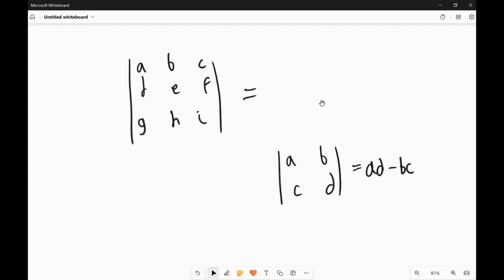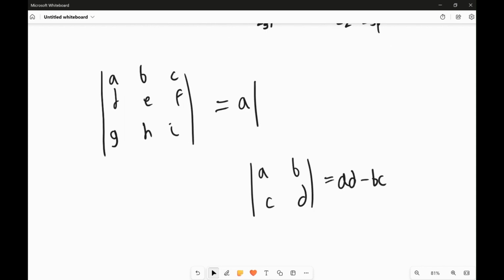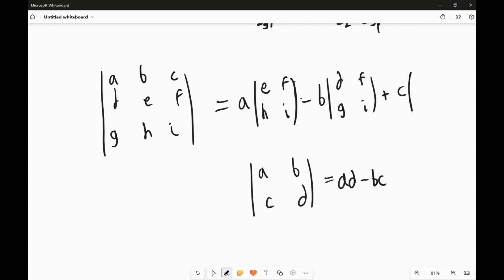That will ease the memorization of the definition. The 3 by 3 determinant is equal to A times the determinant of (E, F, H, I), minus B times the determinant of (D, F, G, I), plus C times the determinant of (D, E, G, H). That's a good way to memorize it.